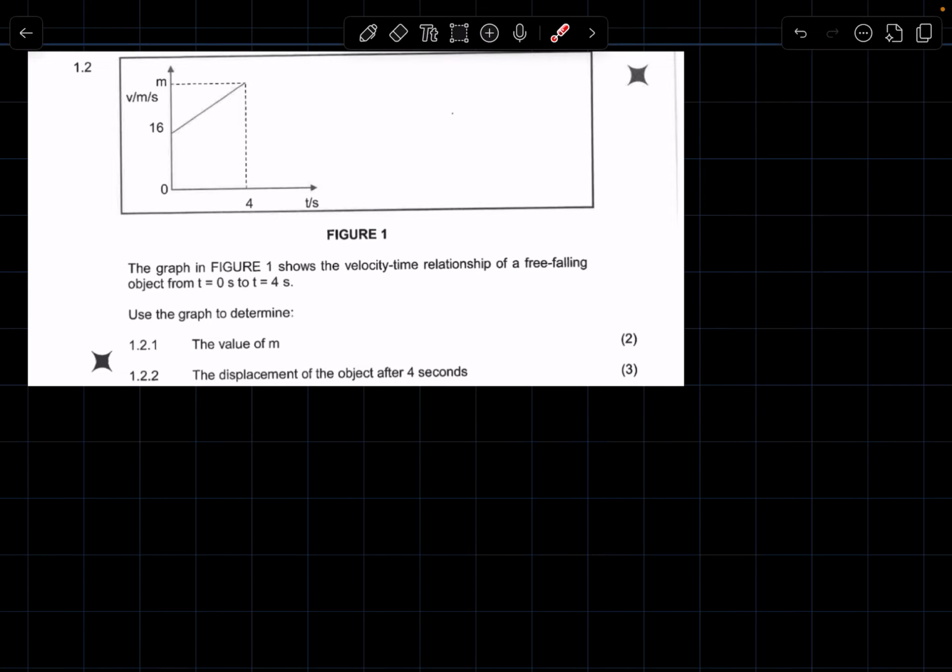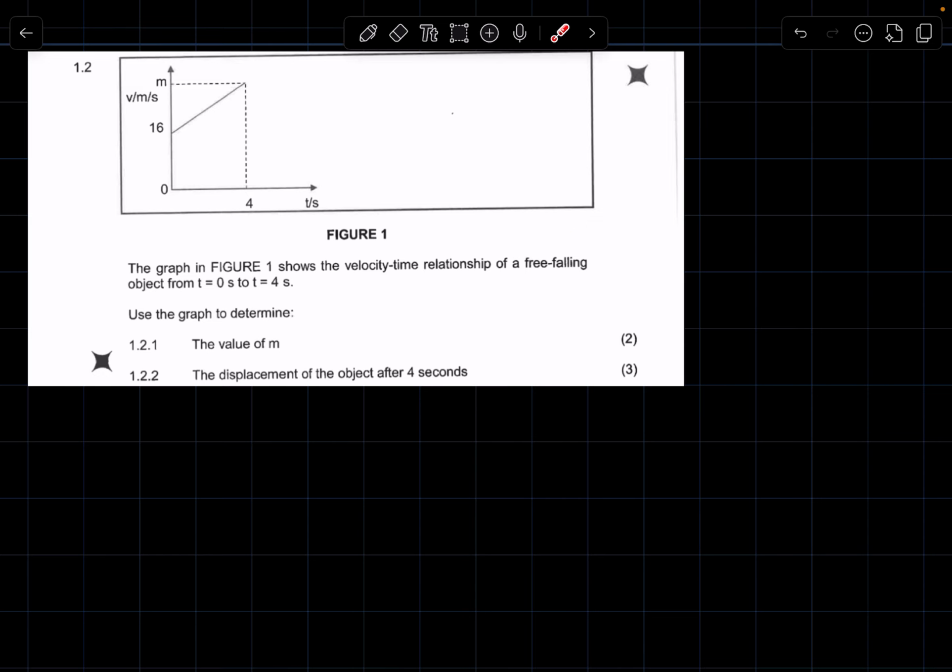The graph in figure 1, so this one, shows the velocity time relationship of a free falling object from t is equal to 0 to t is equal to 4 seconds, right? It says the object is free falling.